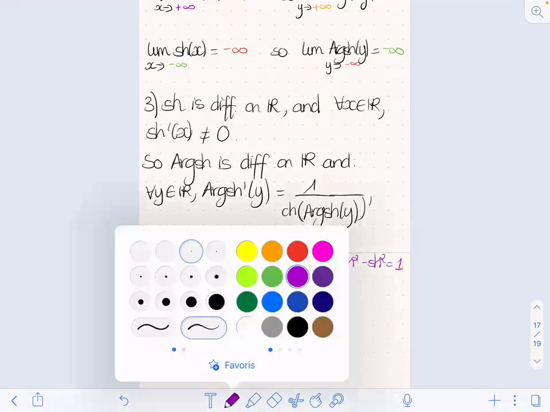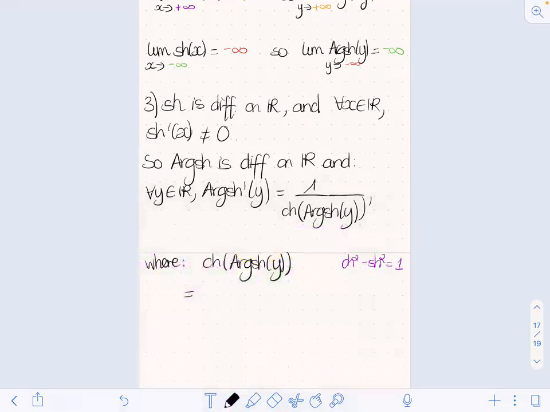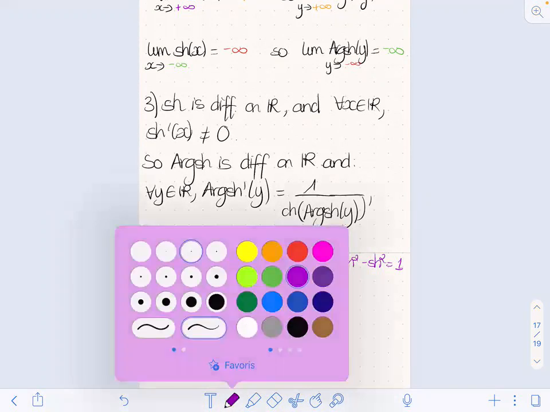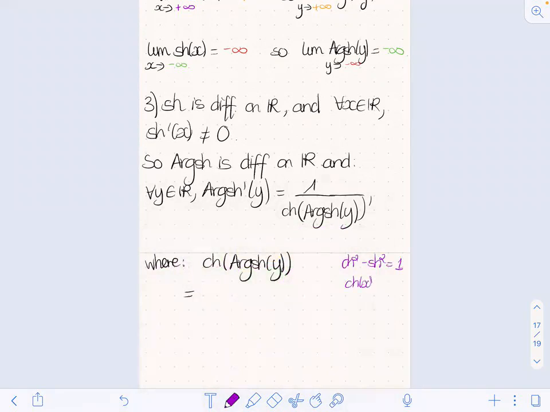You're absolutely right. And we also have ch of x greater than 1 for x in R. So in particular, ch is positive.